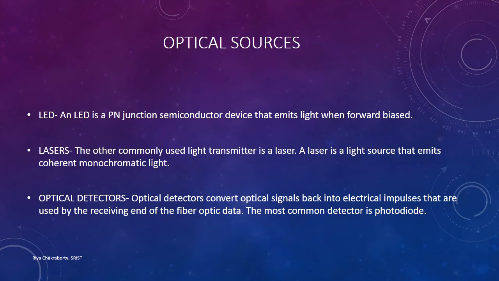The other commonly used light transmitter is a laser. A laser is a light source that emits coherent monochromatic light. Monochromatic means single light frequency. And what is coherent? Coherent refers to the fact that all the light waves emitted are in phase with one another.